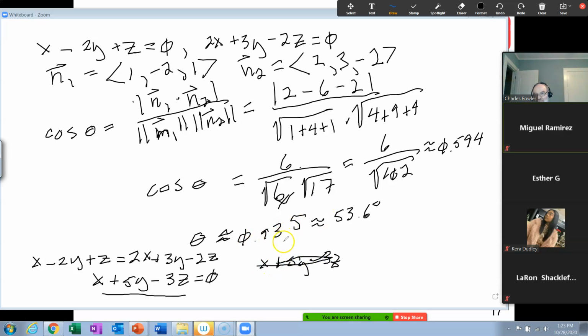Let me start this over again. It would be x minus 0, that's the first point, so x plus t, and let's see, does it say just parametric equation? I think it's equal to 0.